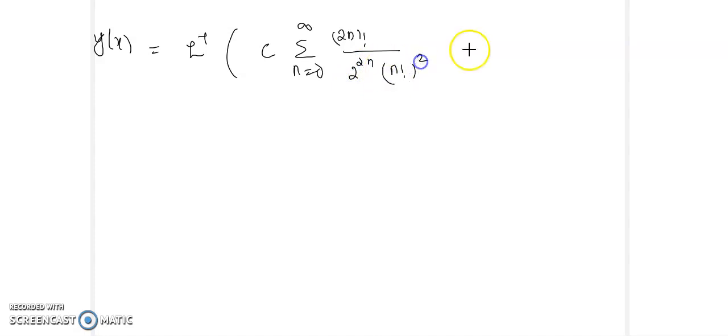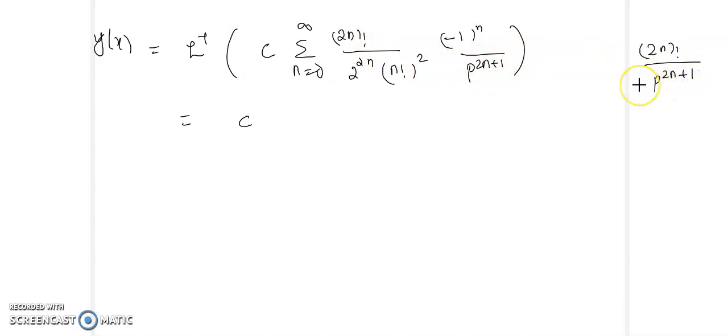So y of x will be L inverse of c summation n equal to 0 to infinity 2n factorial by 2 raised to 2n n factorial whole square, minus 1 whole raised to n by p raised to 2n plus 1. When you take the inverse Laplace transform, here you have 2n factorial by p raised to 2n plus 1, so the inverse transform is x raised to 2n.